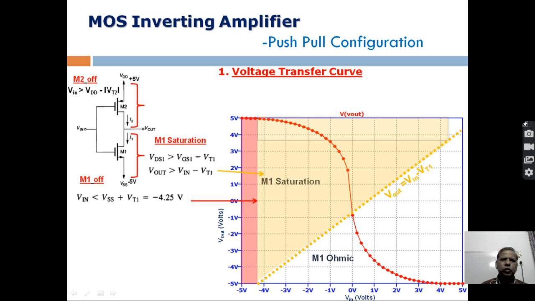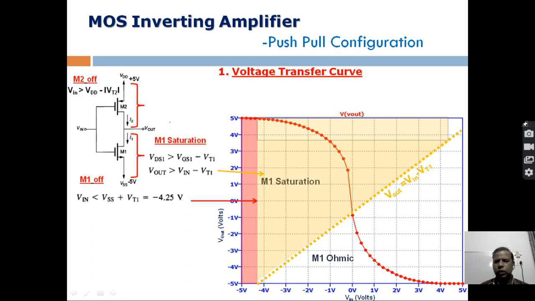We need not consider the minus because we are taking the modulus, so only the magnitude we consider. So 5 minus 0.75, right? It will come to about 4.25. So if the input here becomes more than 4.25, for example 4.3, then this difference becomes 0.7, which is less than 0.75.